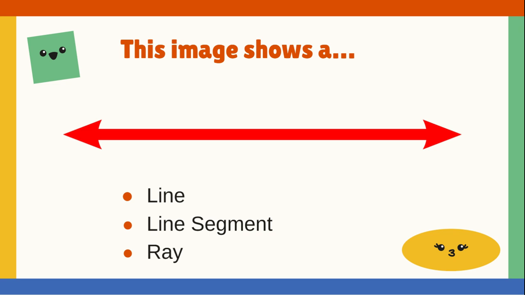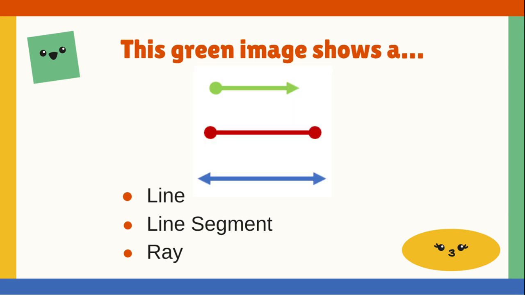First question says, this image shows a blank, and the choices are line, line segment, or ray. So this has an arrow on each side, which makes it a line. Good job. Next, it says this green image shows a line, line segment, or ray.